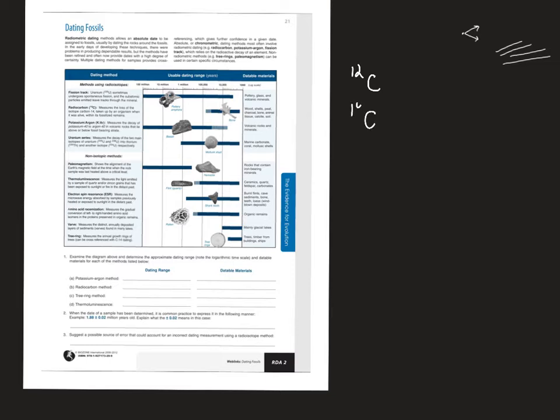Carbon-14 breaks down and becomes other elements, becomes radioactive, breaks down. And as it does, it's going to be less and less. There's a proportion of carbon-12 to carbon-14 in any organic material, and that proportion can tell you how old that material is.